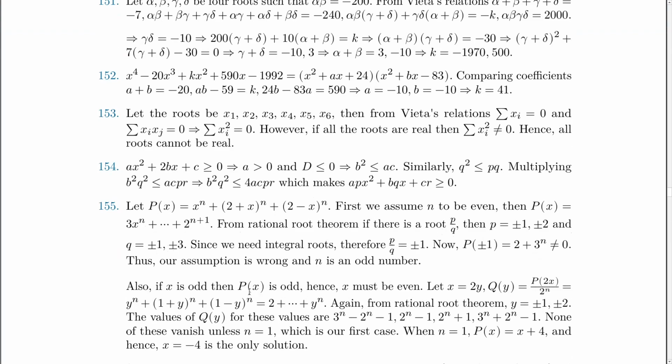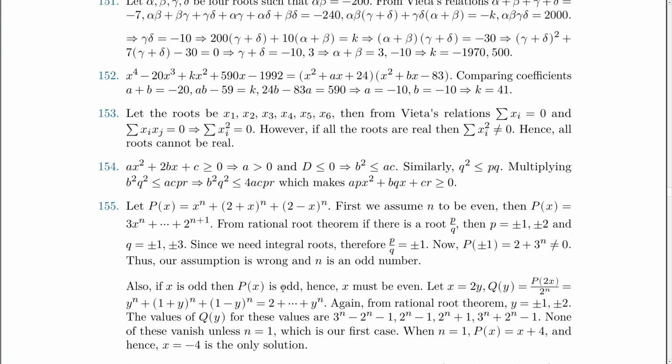Once n is odd, since x is odd, then p(x) is odd, hence x must be even. If you look at this, x is odd, so this is odd to the power odd, and this will be odd to the power odd, and this will be odd to the power odd.